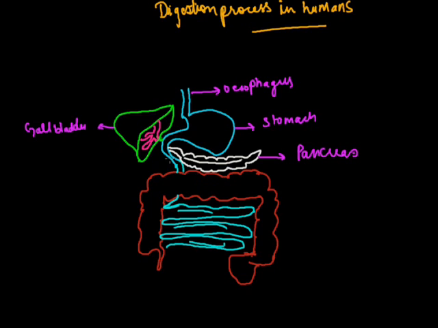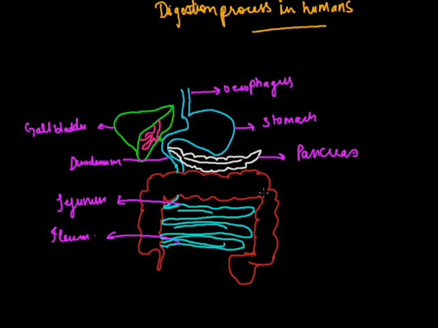This is the duodenum portion of the small intestine. This one is the jejunum portion. And the last portion of this is called the ileum. In fact, this ileum joins with the cecum part of the large intestine, like this.